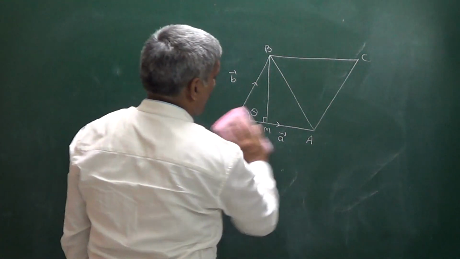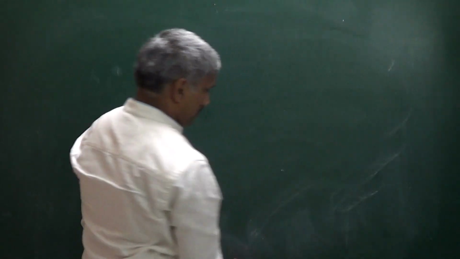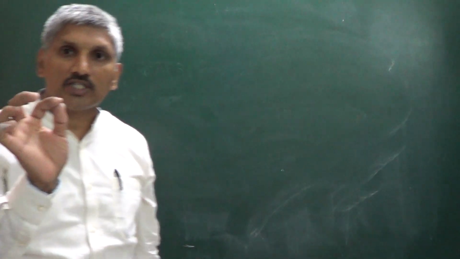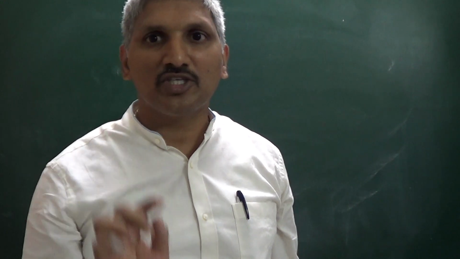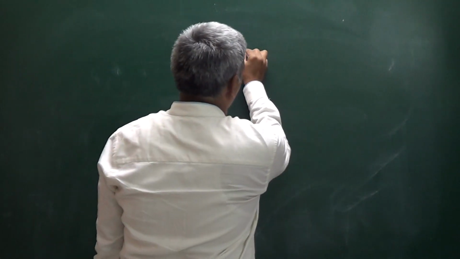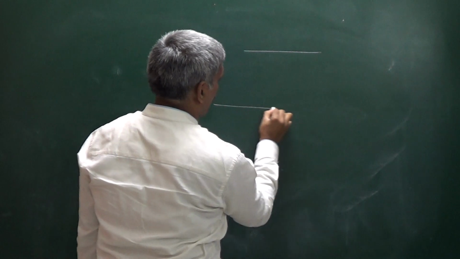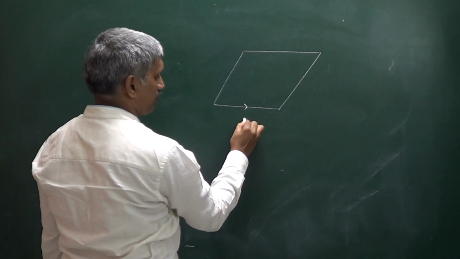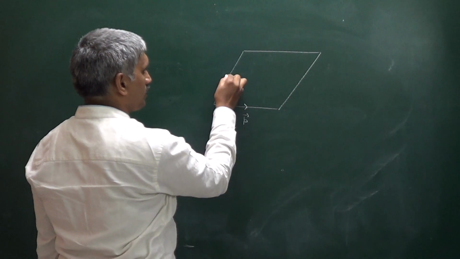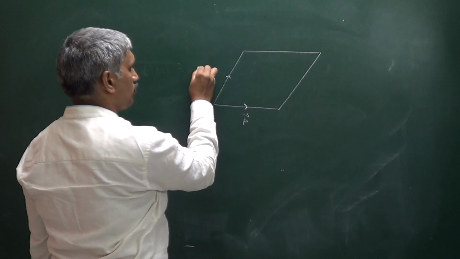Now just one question I am asking here. A bar, B bar are the adjacent sides of a parallelogram, then its area is given by magnitude of A bar cross B bar. Now the question is in this way. Let us say this is P bar and this one is Q bar.